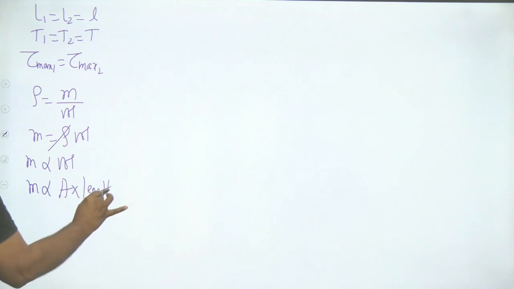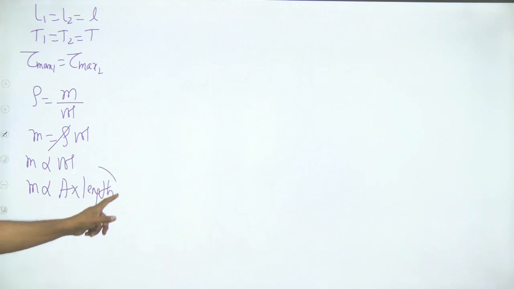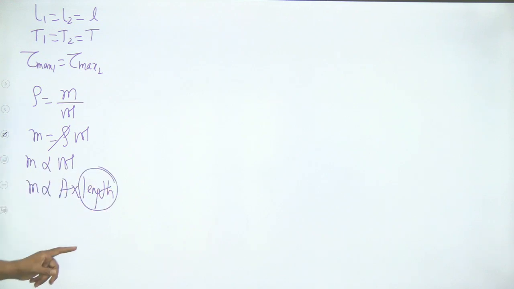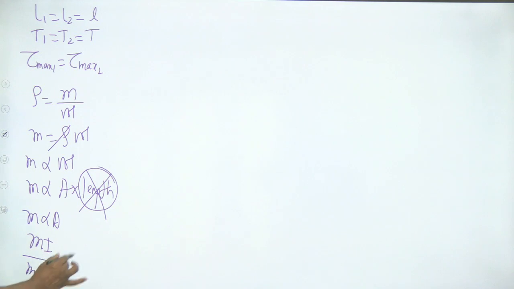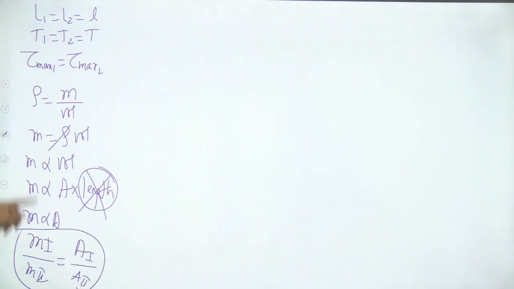Definitely I can. Both have the same length, so mass is proportional to area. He is asking mass of 1 to mass of 2, which means you simply have to calculate area of 1 by area of 2. Nothing more than that. Just find the ratio of areas.